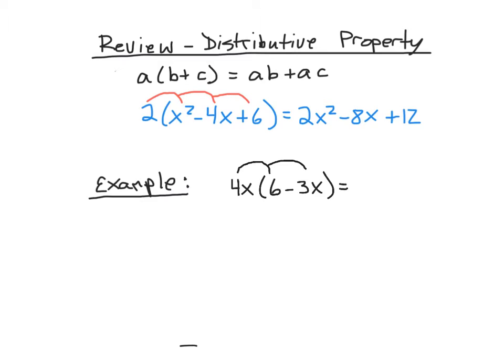When I do that, I end up with 24x, and then 4x times negative 3x would give me negative 12x squared. And now I have distributed the 4x through the parentheses to the 6 and the negative 3x to end up with this term here. And that's the basic distributive property.